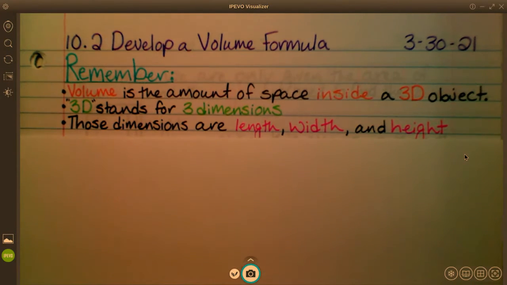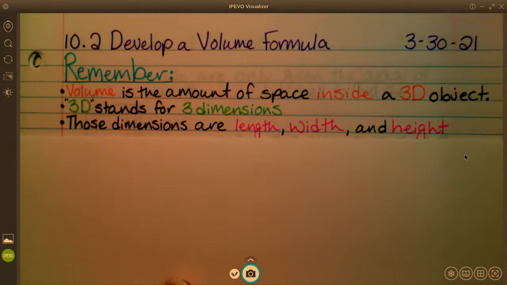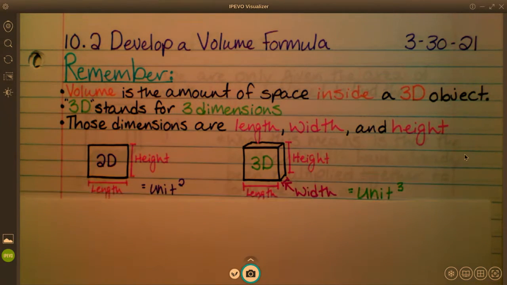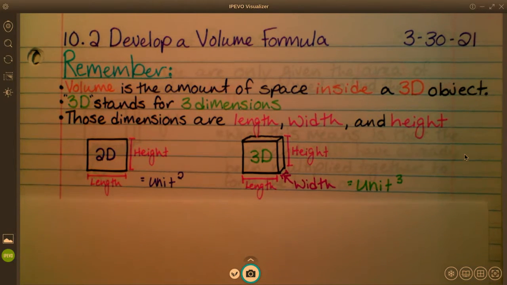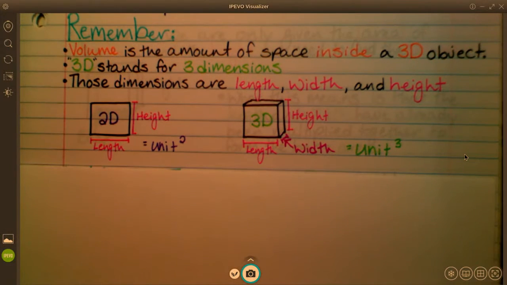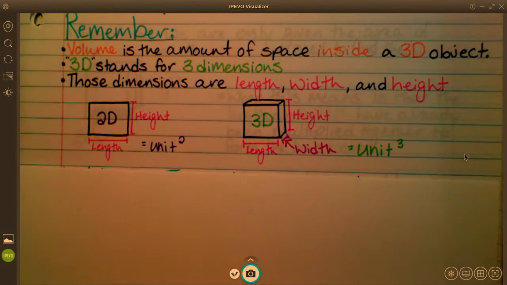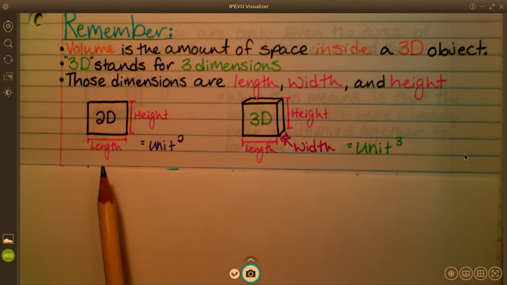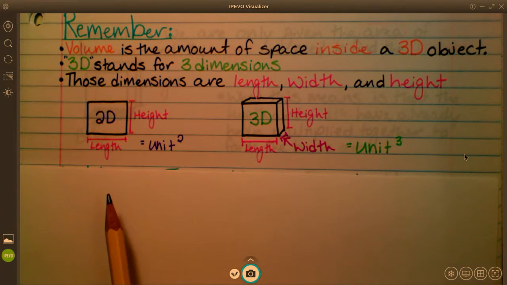Now you're going to draw a little reminder for yourself about a 2-dimensional shape and a 3-dimensional shape, and a reminder about the units we use for both of them. So over here on the left, we have our typical 2D shape. We have a square, or actually, like I said, it's probably more of a rectangle.